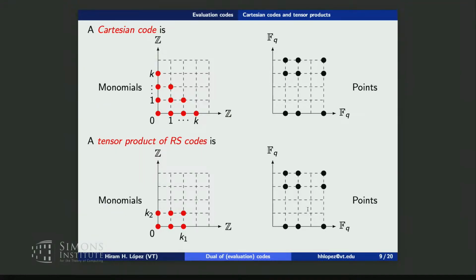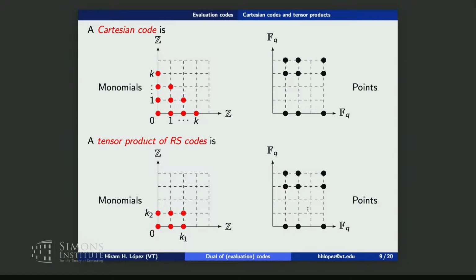This is the case when we have polynomials up to a certain degree, but you can also bound every variable up to a certain degree. And when you bound every variable, x, y, z, you are going to get this kind of shapes, okay? So you can take this kind of shapes, and now you can take a Cartesian set of points.